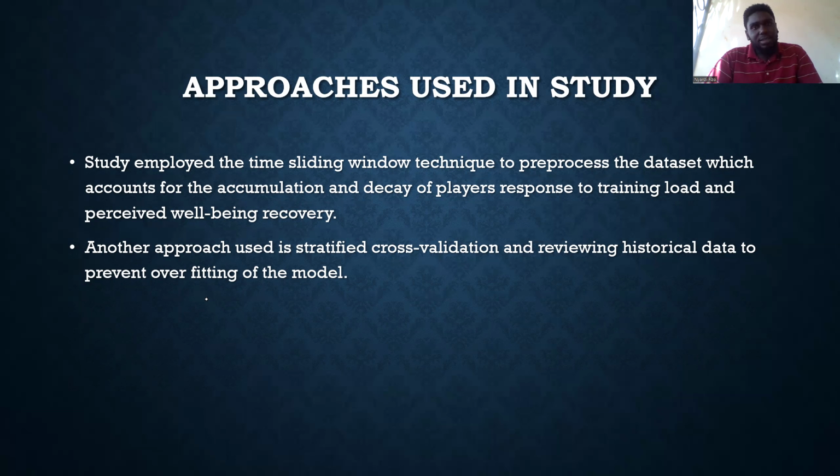Another approach is stratified cross-validation and reviewing historical data to prevent overfitting. The sliding window technique also involves creating an aggregation sliding window, enabling statistical calculations on the variables within the aggregation window.